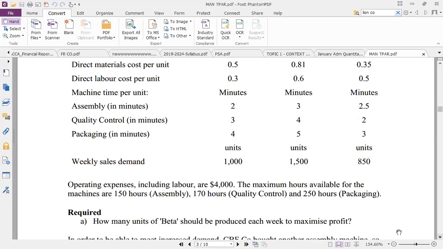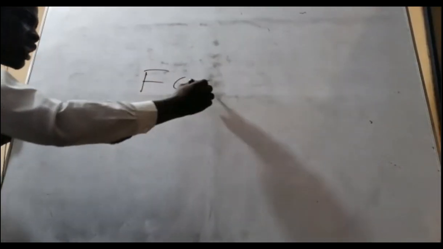So they are saying operating expenses include labor. Now, we said that one of the assumptions of throughput accounting is that labor cost is fixed and must form part of the operating cost or the fixed cost. So under throughput concepts, the fixed cost is the same as factory cost and the same as operating cost.